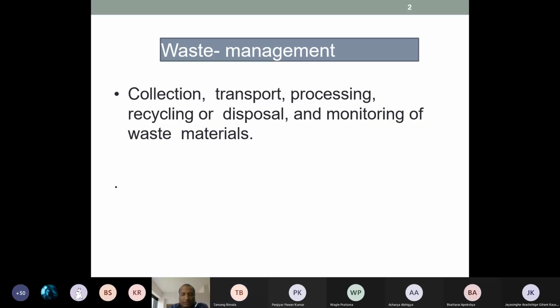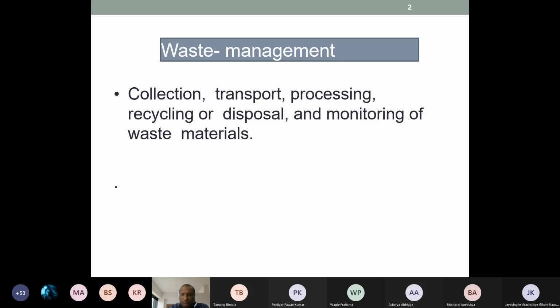we can classify it. So in these slides, waste management, the definition is that it consists of, first of all, we have to collect, then we have to transport, and then as per the nature of the waste, processing, meaning how to dispose or where to keep and dispose, and finally we have to manage it so that it does not contain anything that causes infections. Generally in hospital waste we do not do recycling, so we use disposal and monitoring of waste.